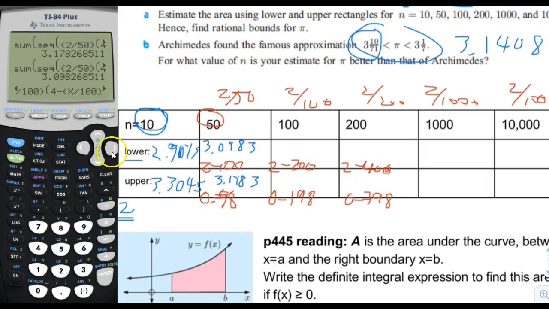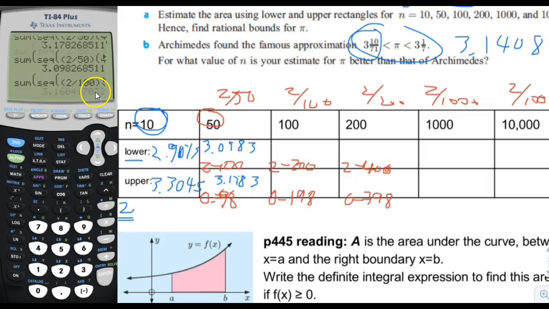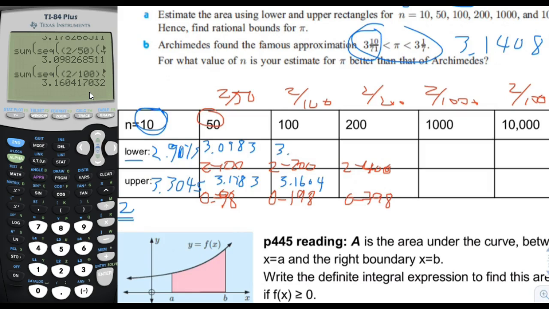100. And then we're going to count from 0 to 198. 0 to 198. 3.1604. Right?